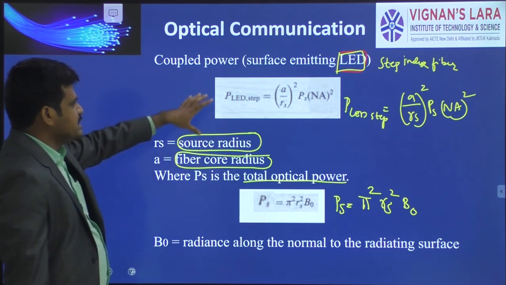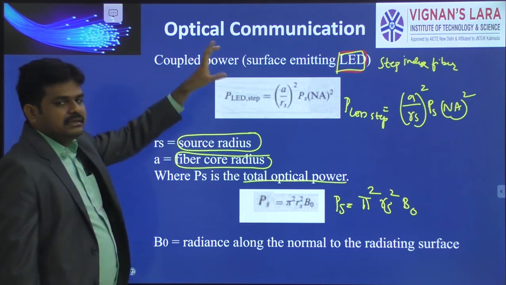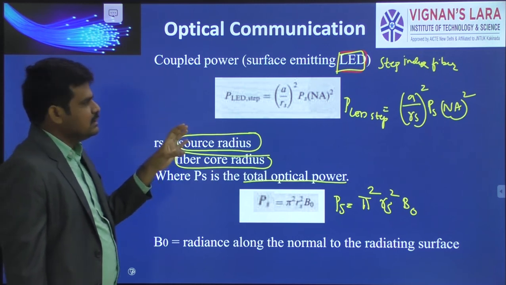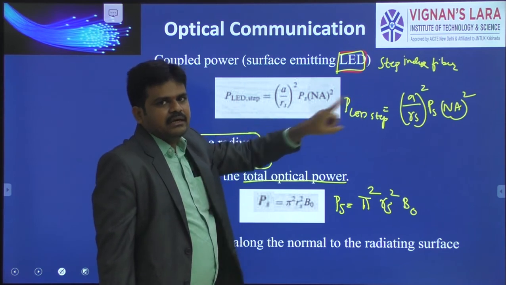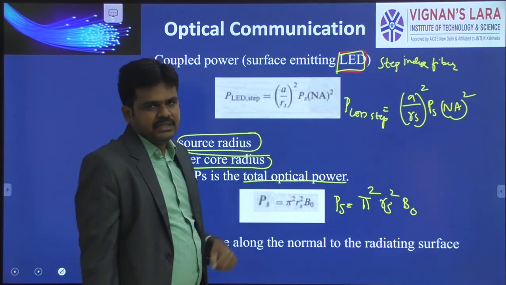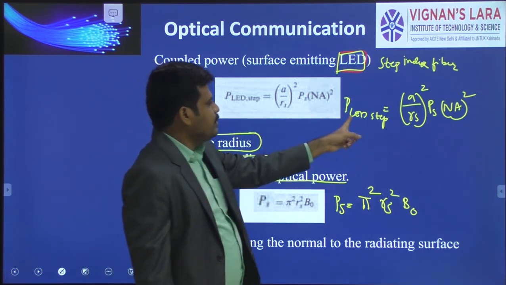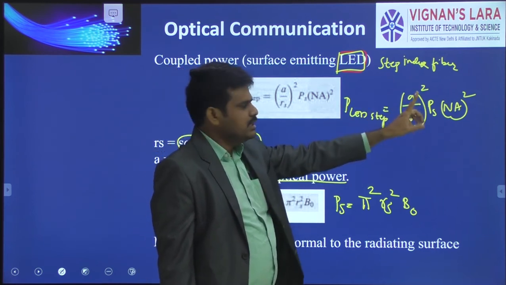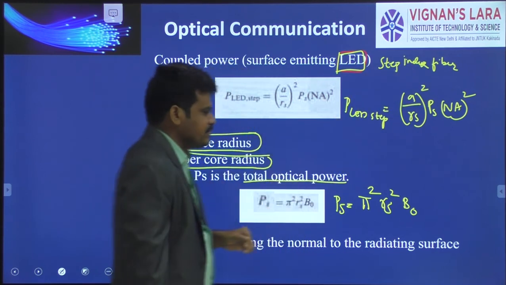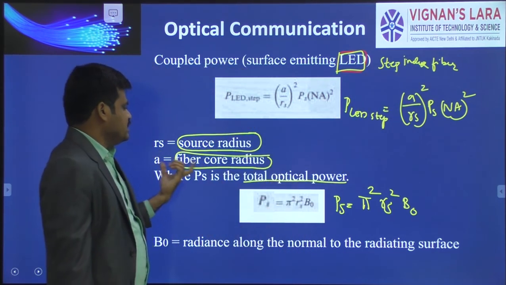So how is it calculated? The condition is the source is LED and fiber is a step index fiber. In such case, coupled power P LED step equal to A by RS whole square into PS into NA whole square. What is A?